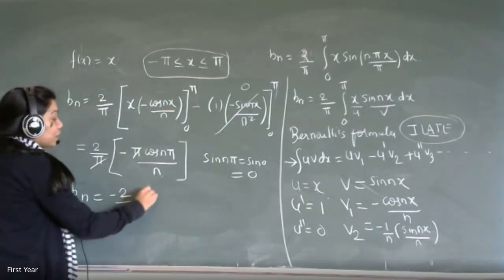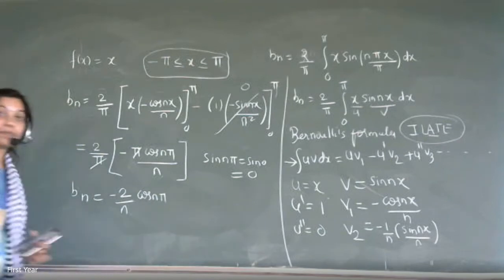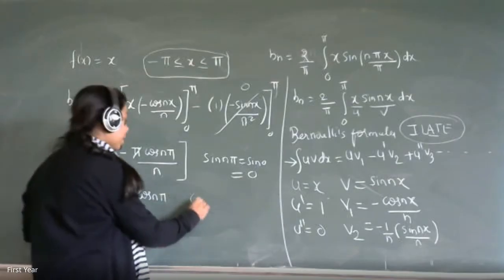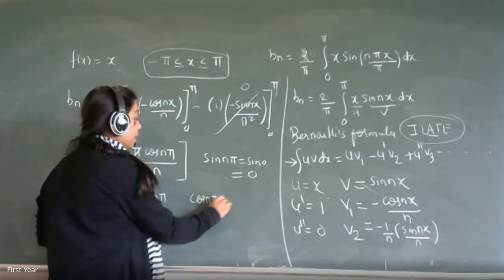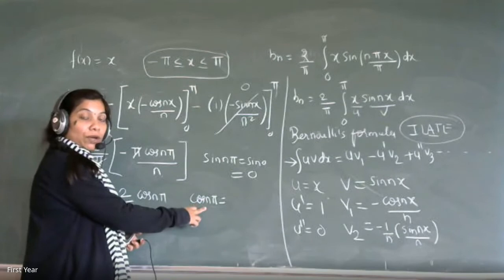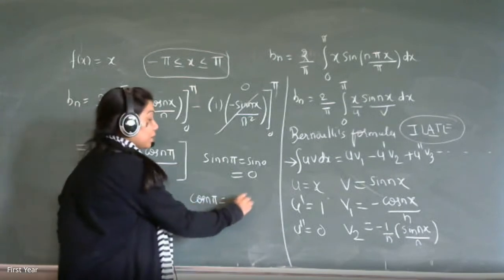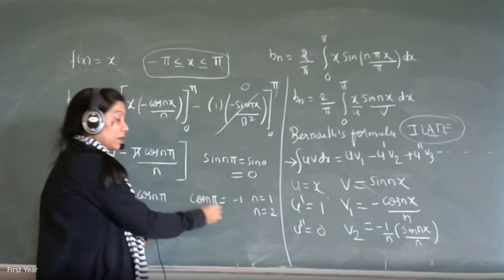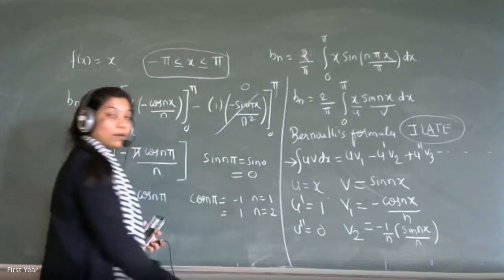What's the value of cos n pi? Who will tell me? Minus 1? Okay, good attempt. Just see. When I put n is equal to 1, cos pi is minus 1. When n is equal to 2, it is cos 2 pi, so it is plus 1.